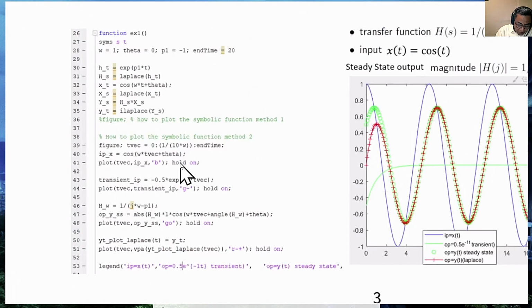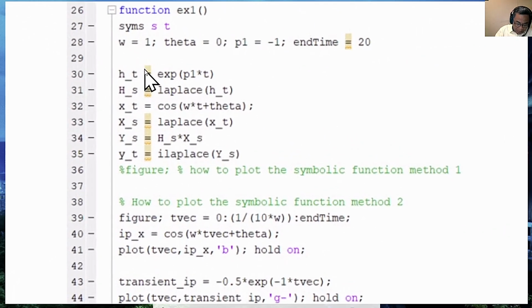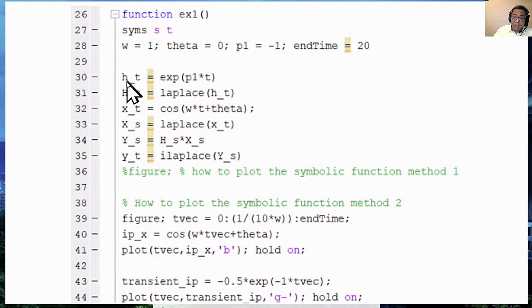Okay, now the whole exercise is done within actually these 5 or 6 lines of code. We initialize omega equals 1, the phase is 0, and then n times 20, and P1 is exponential minus 1t.